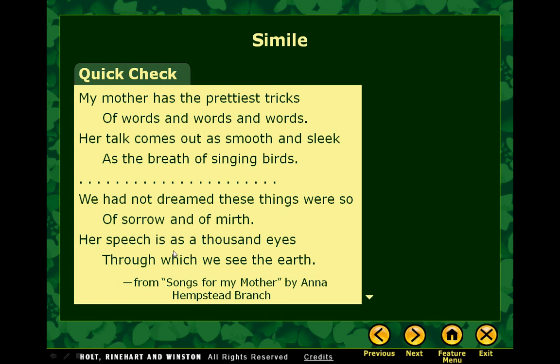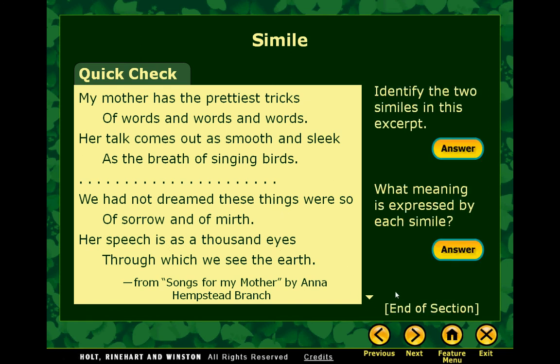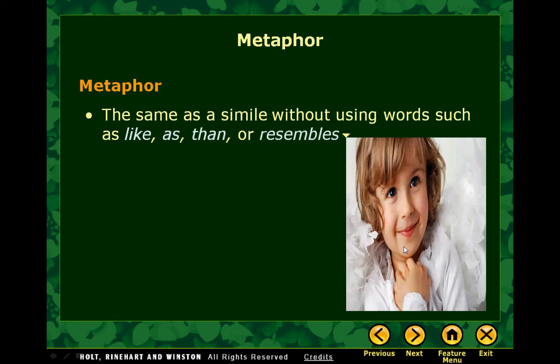As here also tells us that there is a simile in this line. So let's look at the answers here. Identify the 2 similes in this excerpt. What meaning is expressed by each simile here?